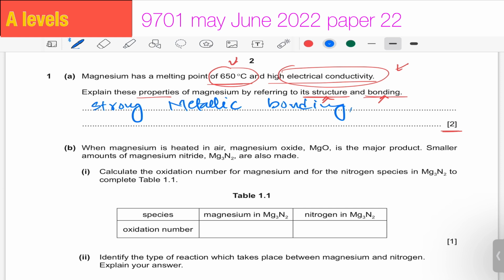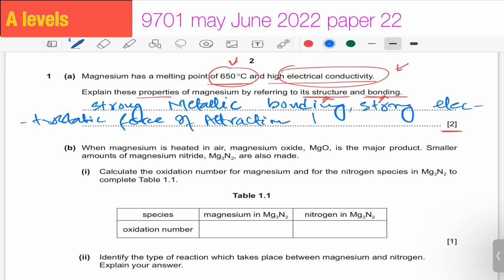You can say strong metallic bonding or strong electrostatic force of attraction between positive ions and free electrons.